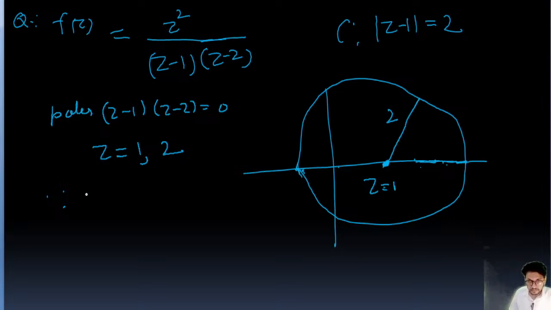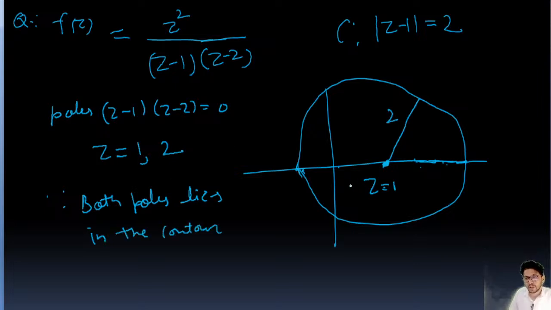So both poles 1 and 2 lie in the contour, because its radius is 2, so 2 will be somewhere here. So both poles 1 and 2 lie inside the contour, right?